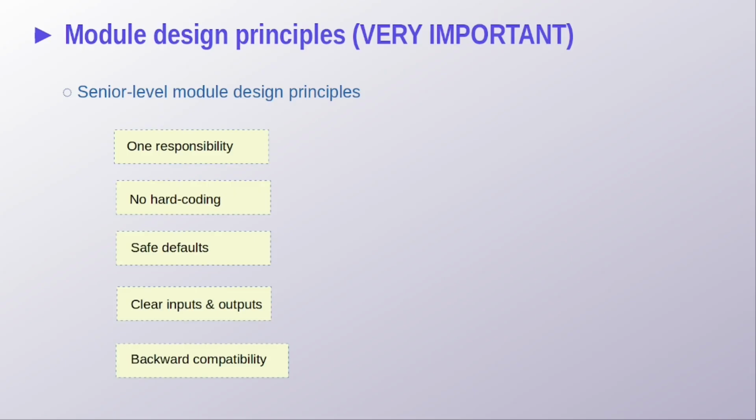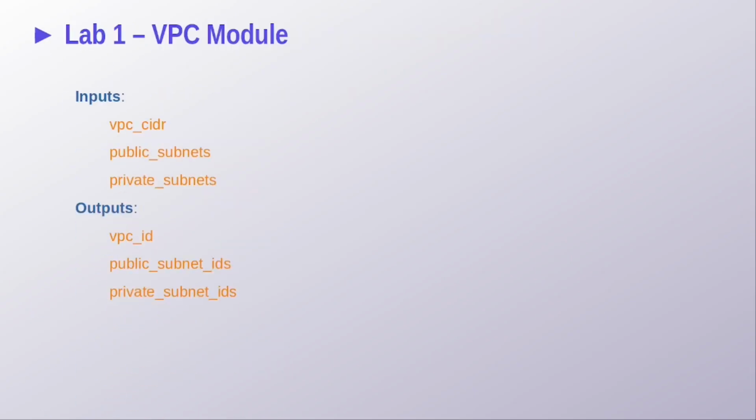Lab. Write the VPC module, then the EC2 module, and then the ALB module. Conclusion: Terraform only truly scales when modules are used correctly.